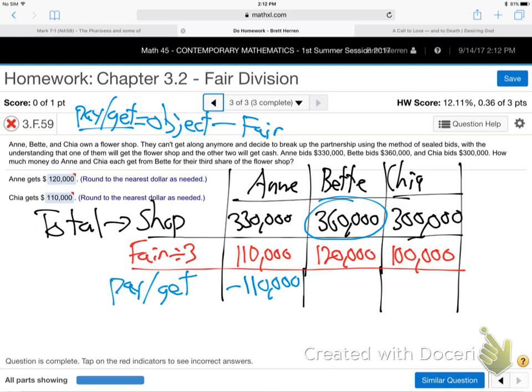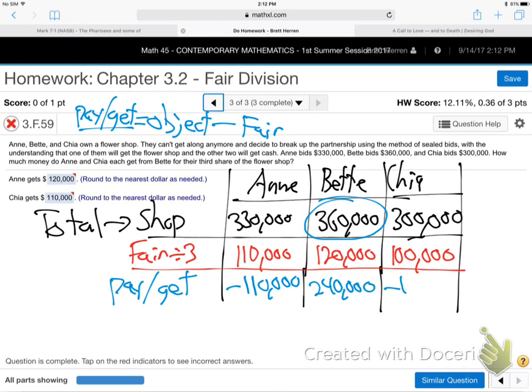Good so far? How about Betty? The object she got minus her fair share. Betty got something, right? If you subtract hers, it comes out to 240,000.